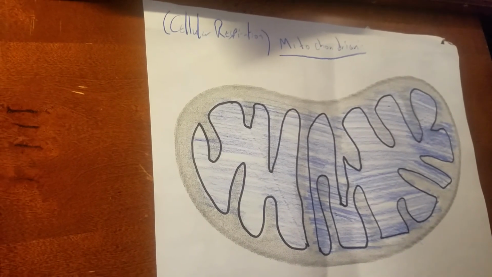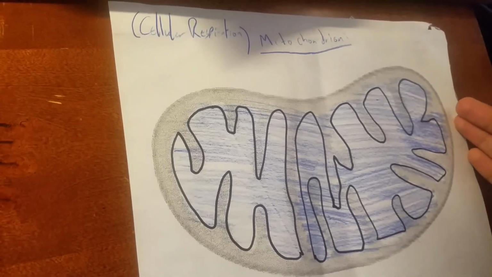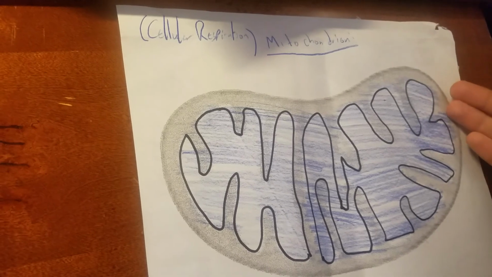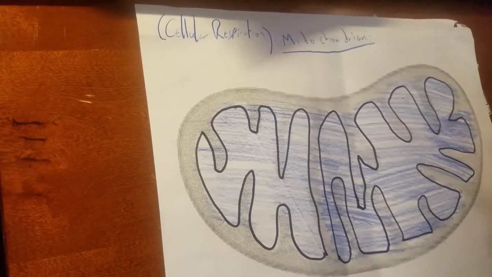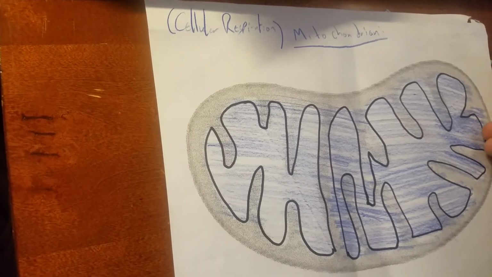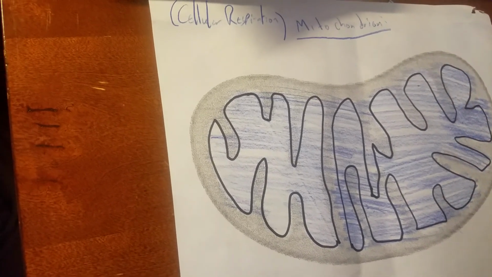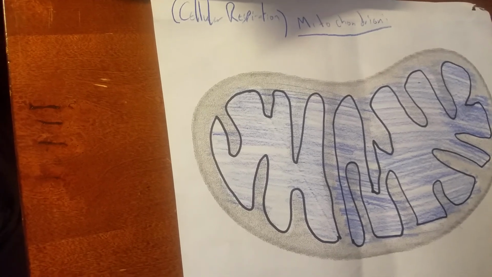Okay, so this is a drawing that I made about what a mitochondrion is. Well, a mitochondrion or mitochondria is basically just an organelle that occurs in cellular respiration.